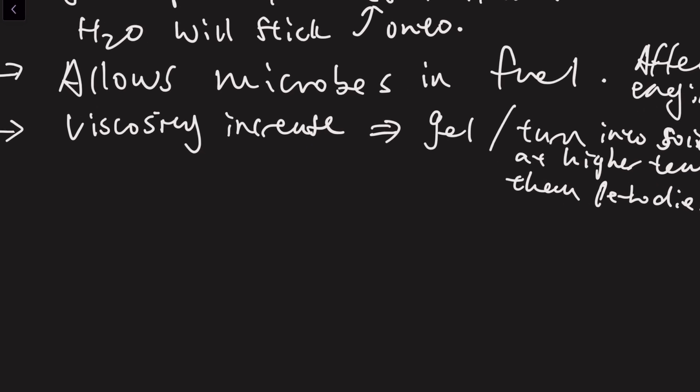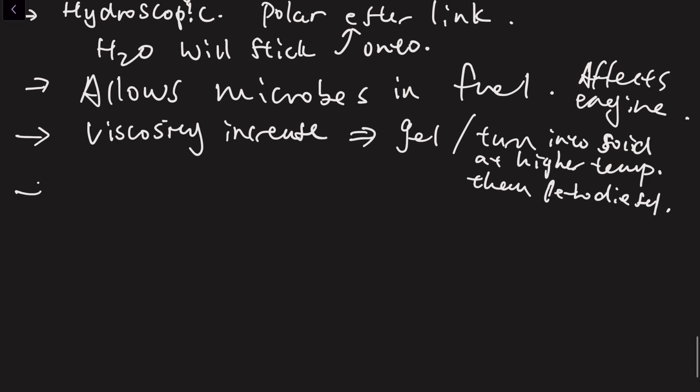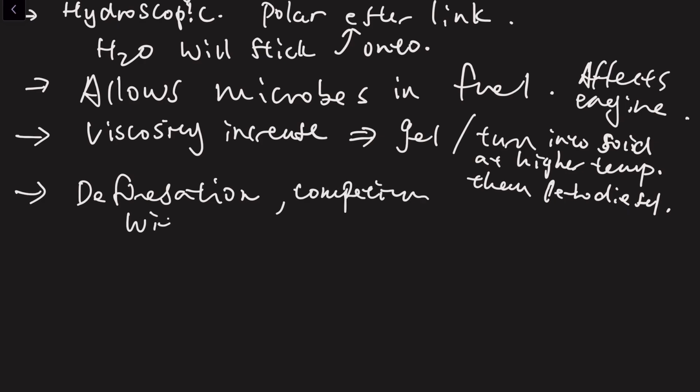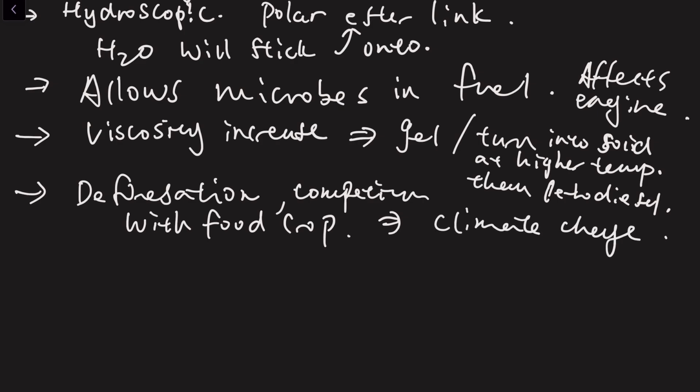Another problem, which is the same as bioethanol, is we have deforestation and also competition with food crops. And this can cause climate change, as well as problems with biodiversity.